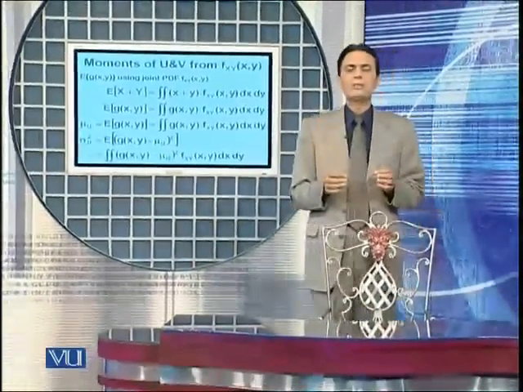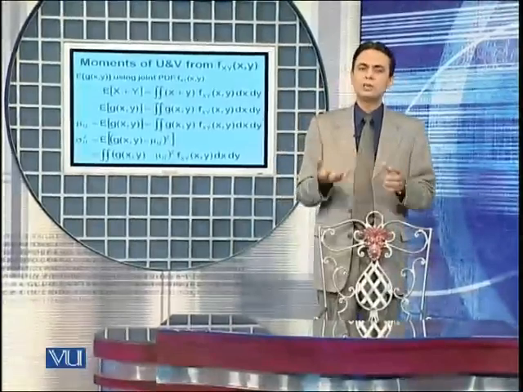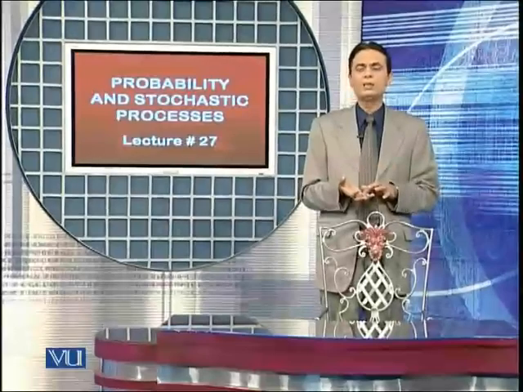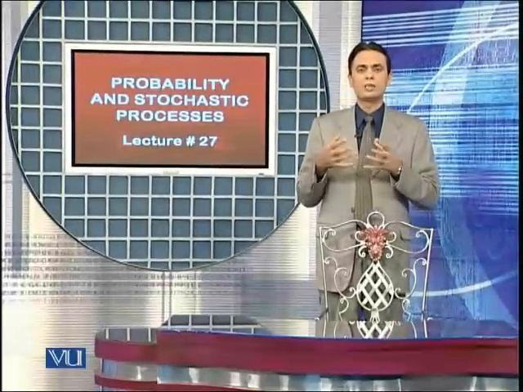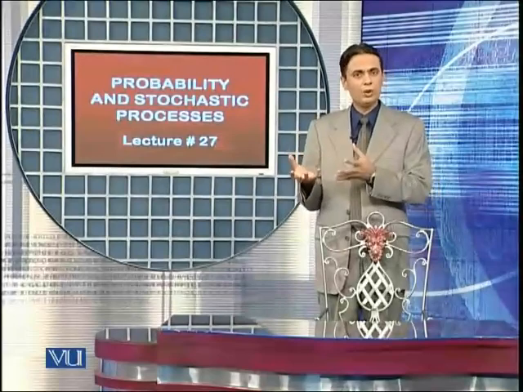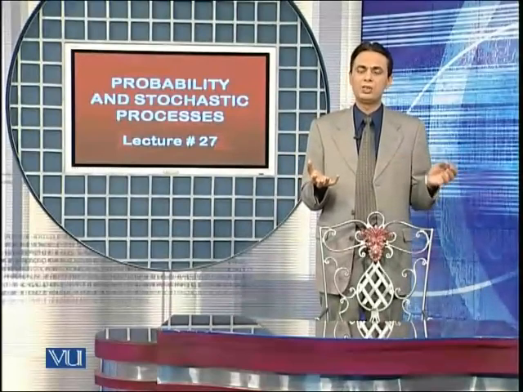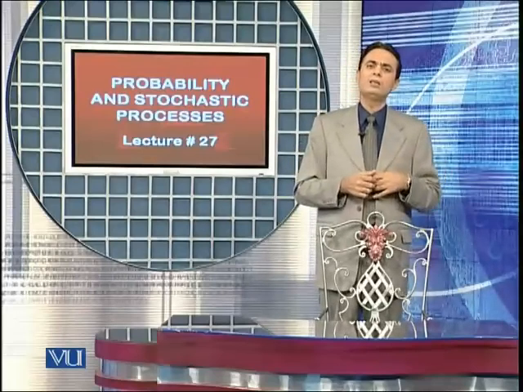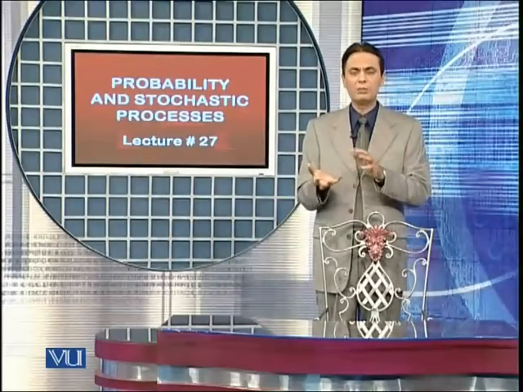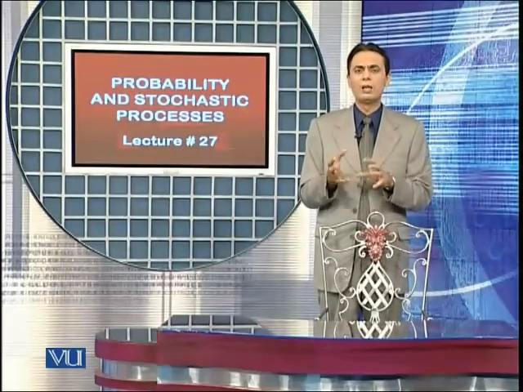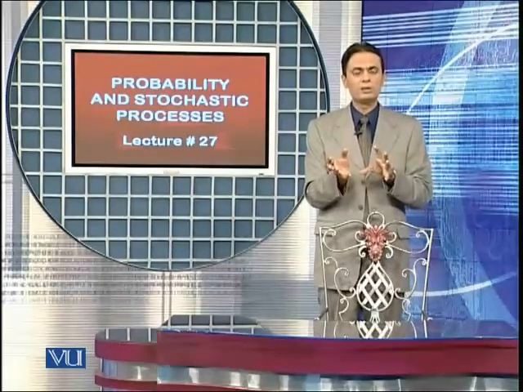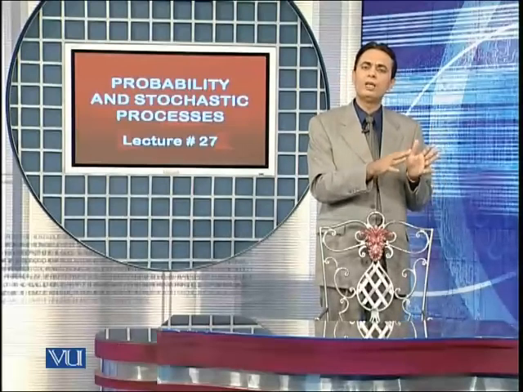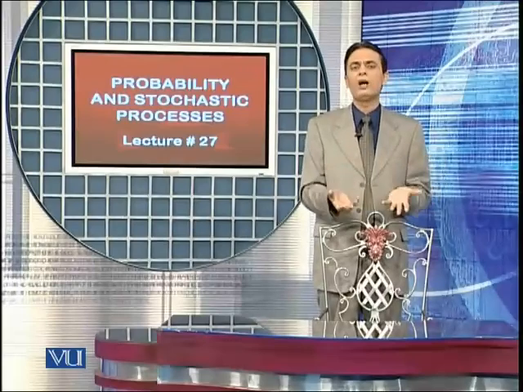The point is that if you want to just find the mean values, the variances and other moments of transformed random variables which you obtain by using mappings like g, h, etc., then you can easily find those moments, means, variances and higher moments, by using those transforming functions g and h and the joint PDF of underlying random variables x and y.